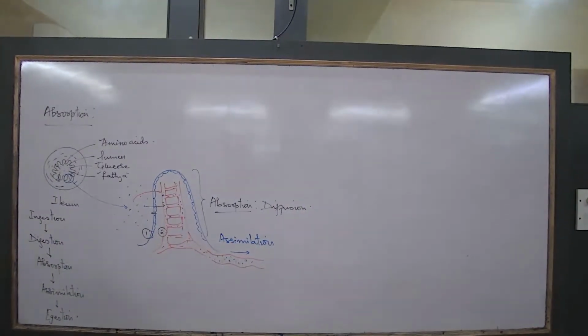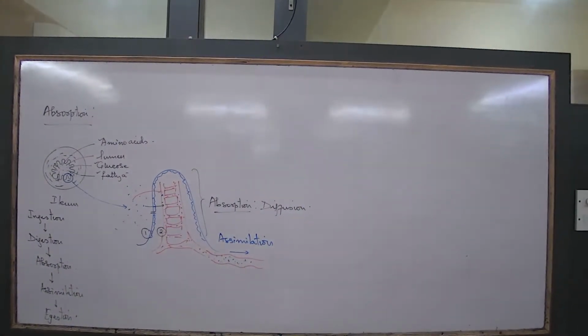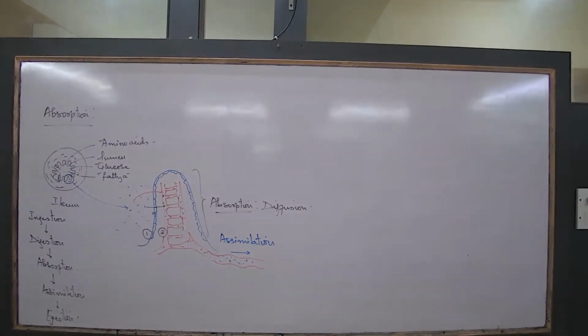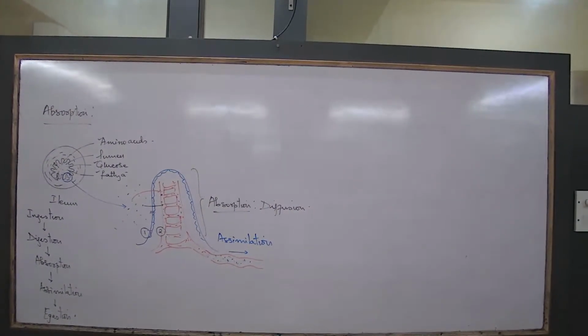For digestion and absorption, make columns.